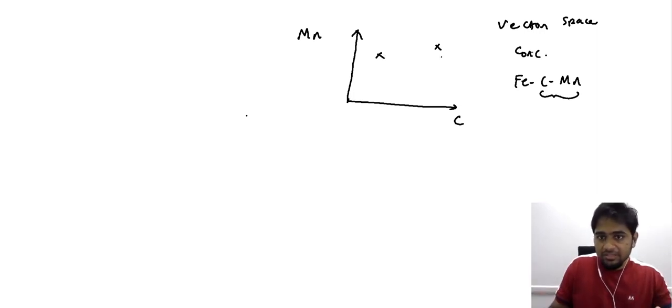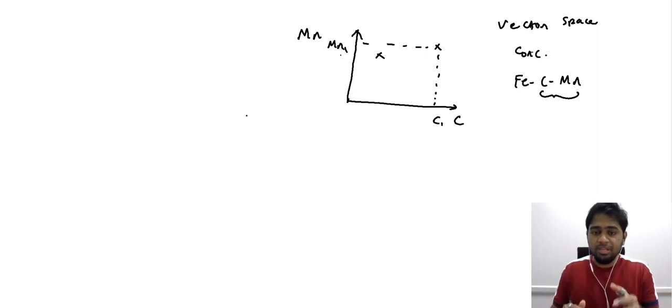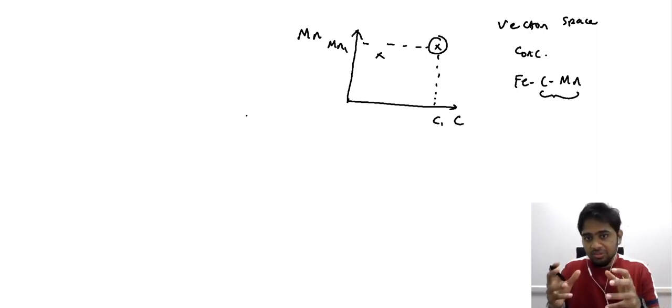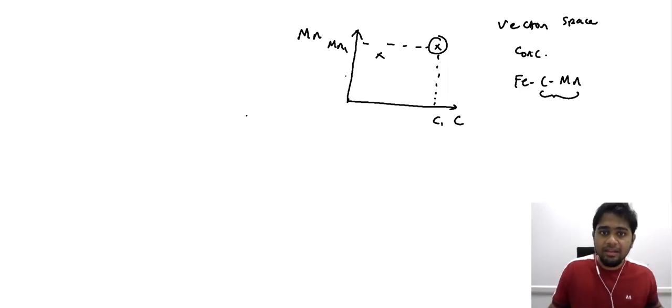So this point here indicates an alloy with a carbon concentration of C1 and a manganese concentration of Mn1, and this point indicates the manganese steel with concentration C2 and manganese amount Mn2.